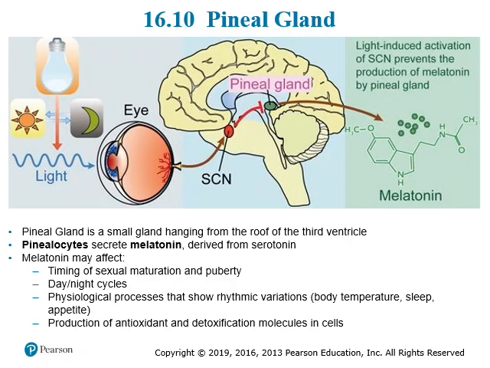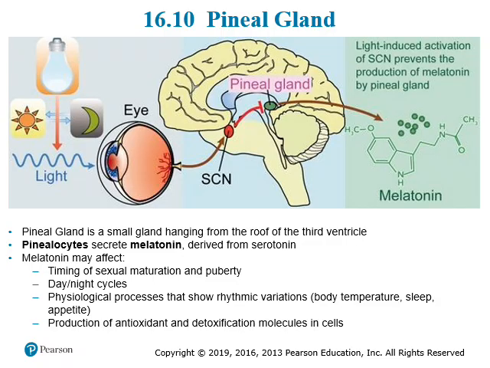It is also responsible for our circadian rhythm, meaning our day and night cycle. When it is nighttime and there's no light, we sleep. There's enough melatonin that makes us fall asleep. And when it's daylight, there's light-induced activation of the suprachiasmatic nucleus, which prevents the production of melatonin by the pineal gland.